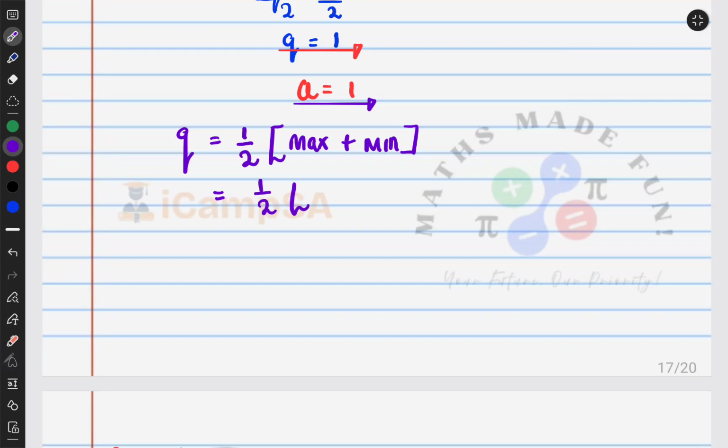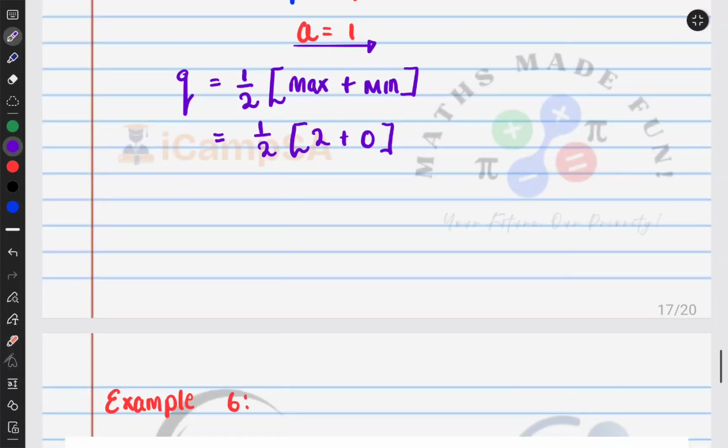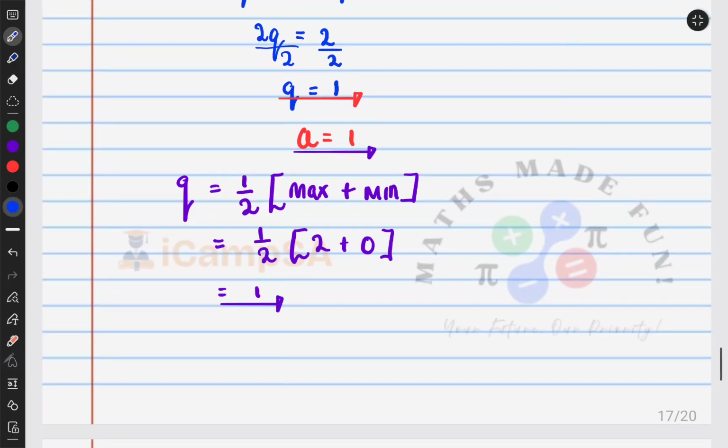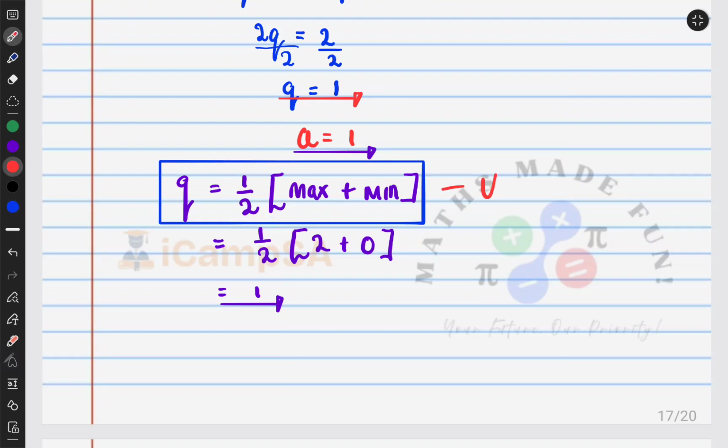So 1 over 2 into 2 plus our minimum value, which is 0. This is equal to 1 over 2 into 2, which is 1. So you could have used that formula for q. That is the formula for vertical shift. So now you have the formula to calculate the amplitude and the vertical shift formula.